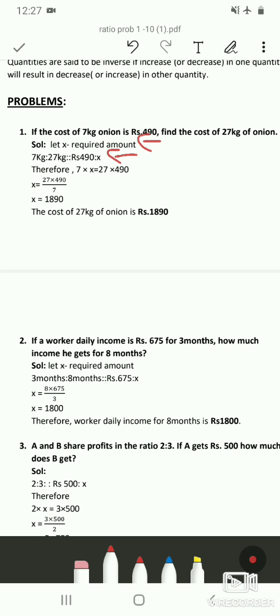So here you can see we have taken the ratio of the same quantity expressed in same unit of measurement. So here the first ratio is for weight of the onions, which is expressed in terms of kg, and the next ratio is the cost of onion, which is expressed in terms of rupees.